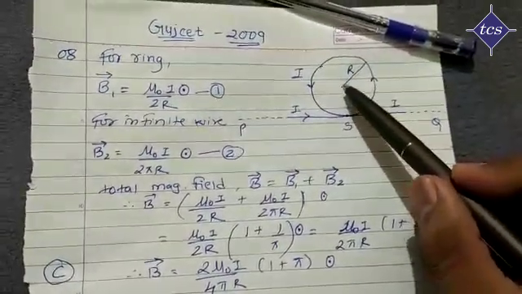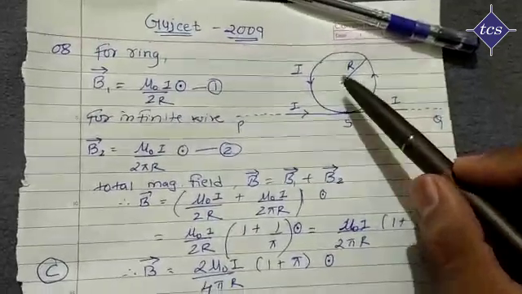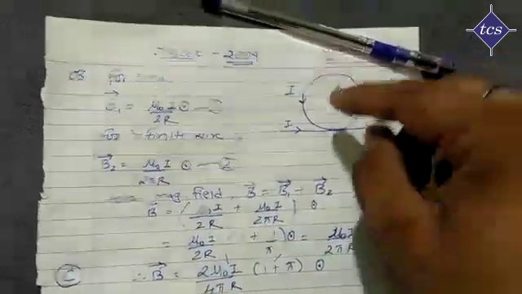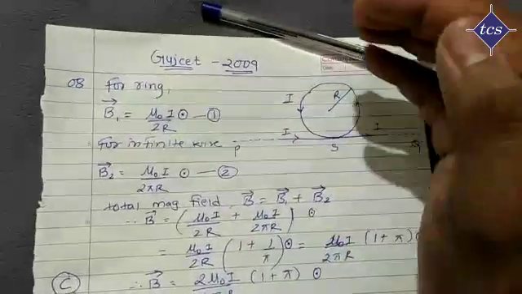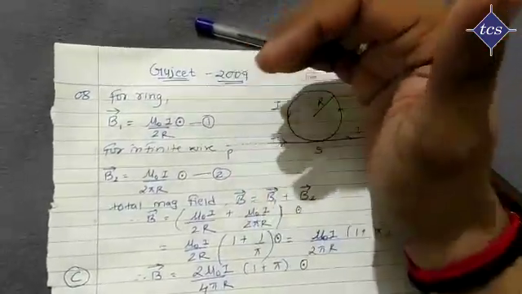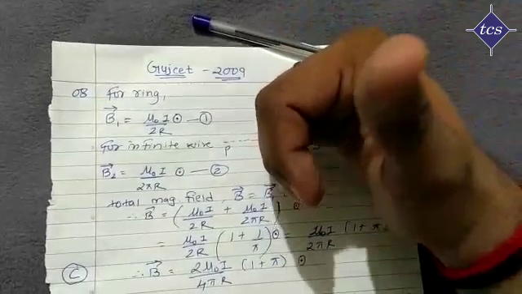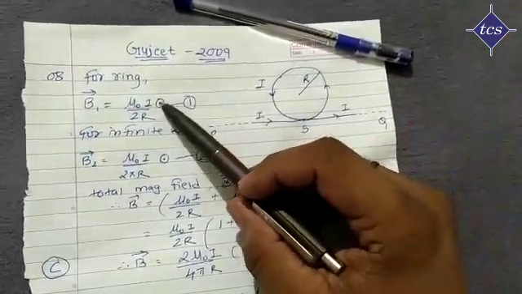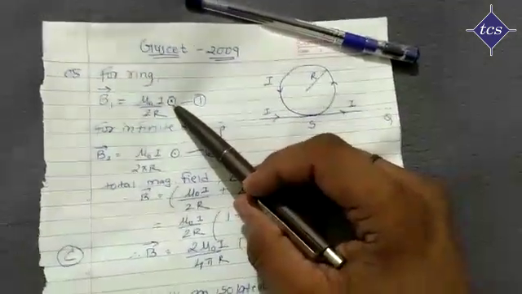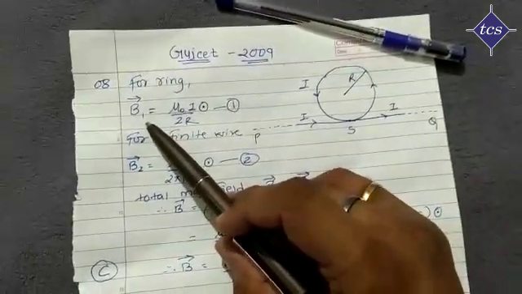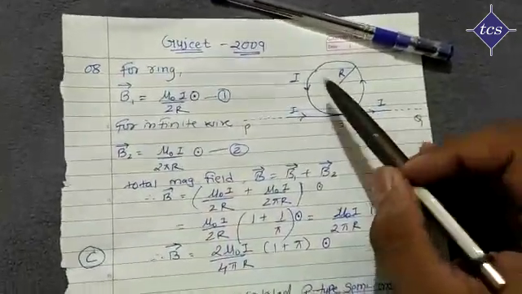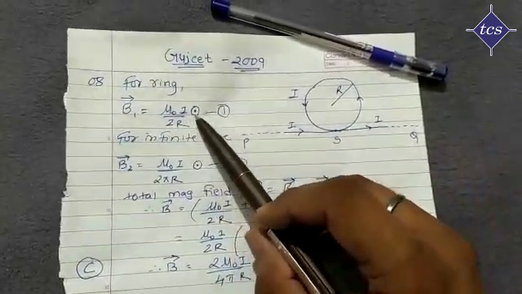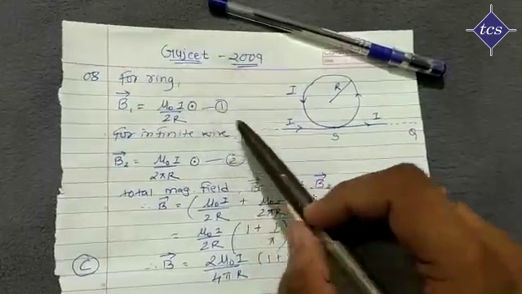The formula of magnetic field at the center of the current carrying ring is mu 0 I upon 2r, and as the current is anti-clockwise, the magnetic field will be radially outward. As per the right hand thumb rule, the magnetic field will be a circle with a dot. So B1 vector, that is the magnetic field at the center of the ring, is given as mu 0 I upon 2r, and the magnetic field will be radially outward.